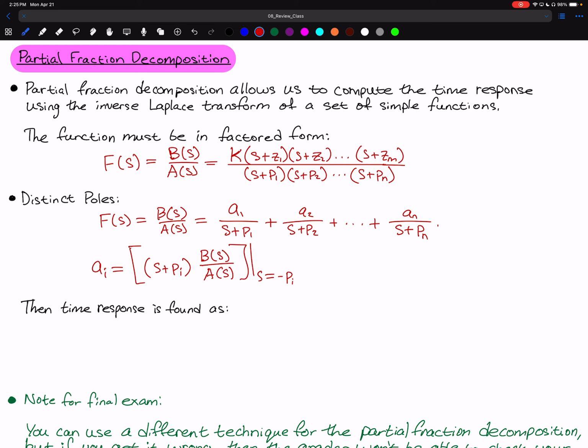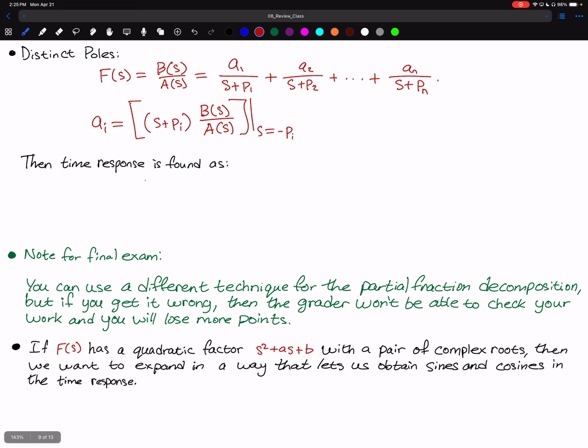All right, so from there, we can go and find the time response using our inverse Laplace transform. We'll apply that to each portion of this partial fraction.